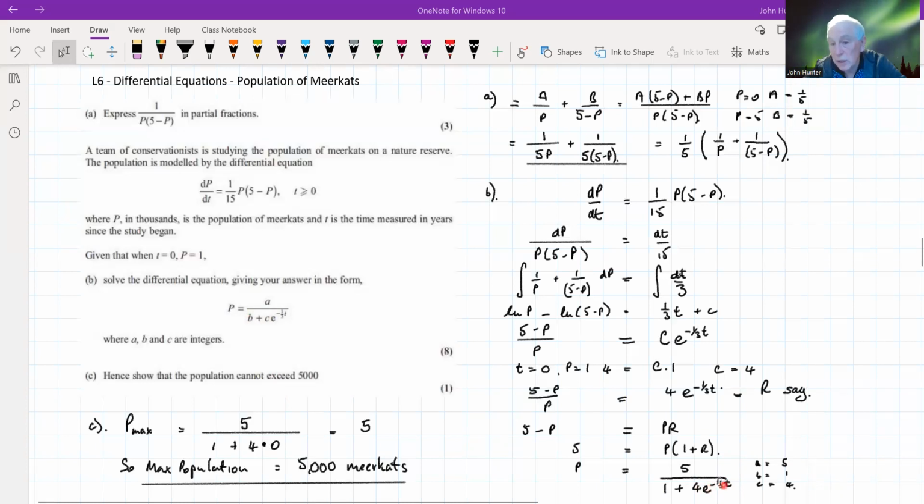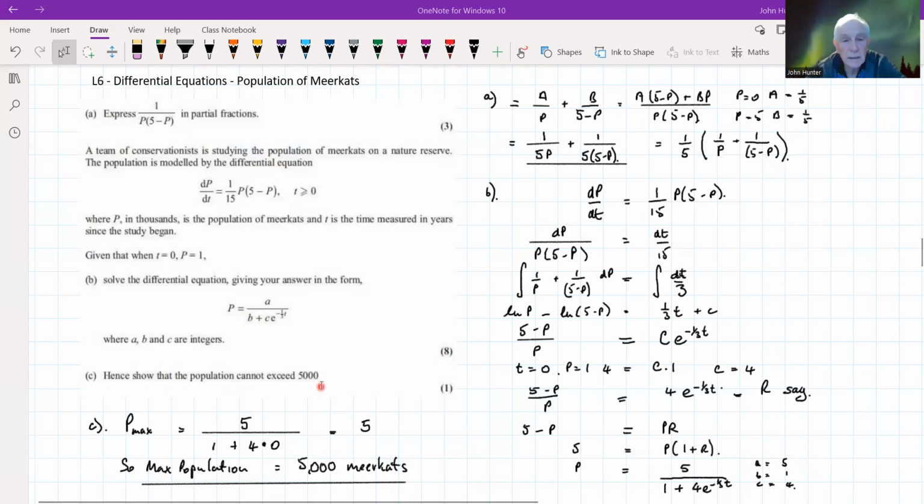So 4 times e to the power of minus 1/3 t will also tend to 0, and the denominator will therefore, in the limit, go to 1. So the maximum value of p is going to be 5 divided by 1 + 4 times 0, which equals 5. And p is in thousands. So the maximum population is 5,000 meerkats, which is what we're asked to show in part C.